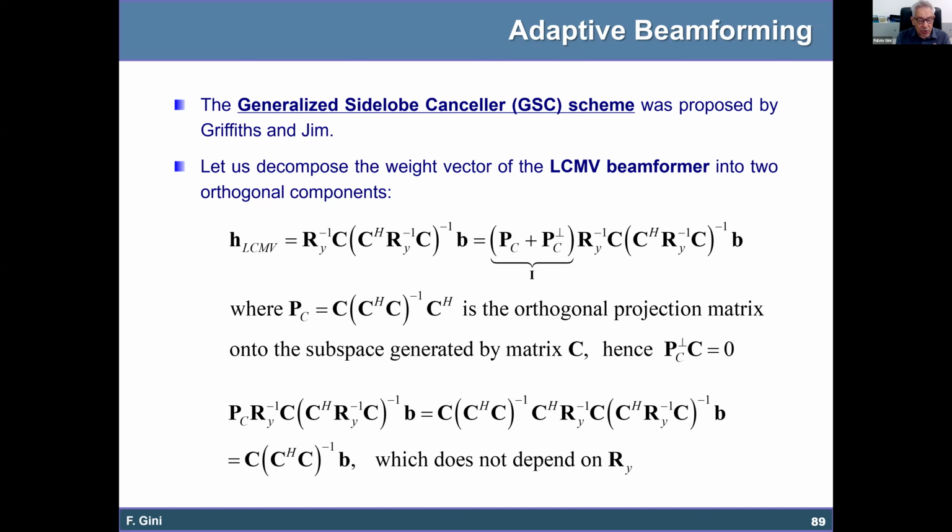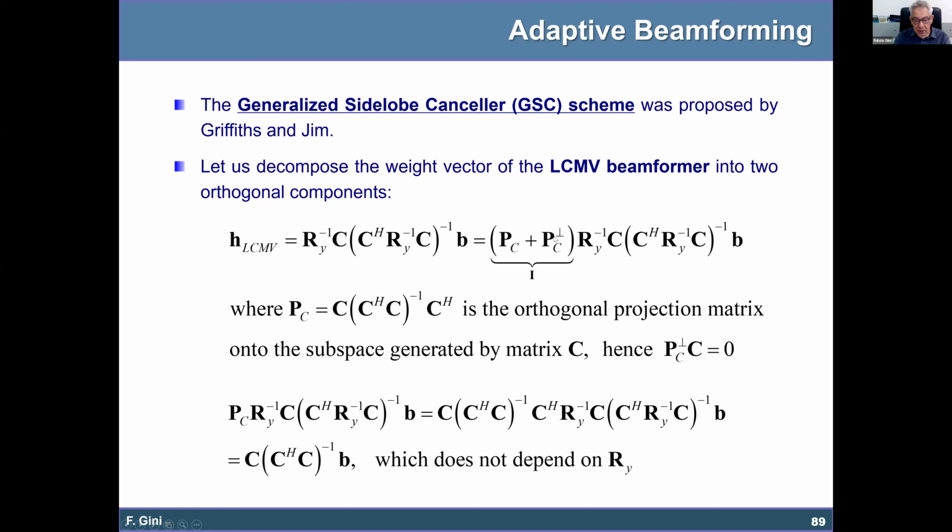Now, the dimension of this subspace is equal to the rank of PC. So PC, in general, is a matrix which is not full rank, and the rank of this matrix is equal to the size of the subspace where the vector is projected.